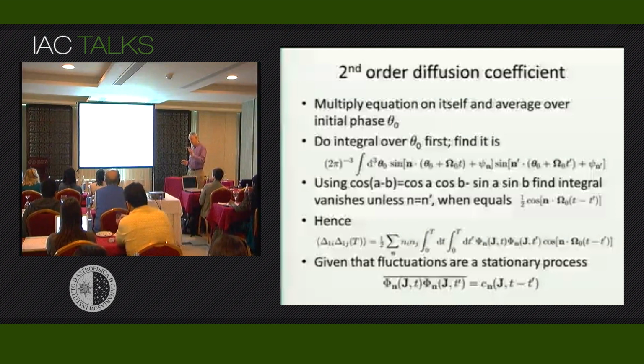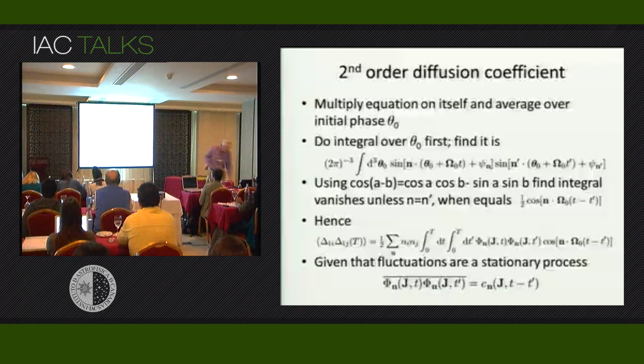We want to obtain the second order diffusion coefficient. That's to say, I want to calculate the variance of the fluctuation in the action. So I multiply this equation for the change in action by itself, and then I do a load of averaging.